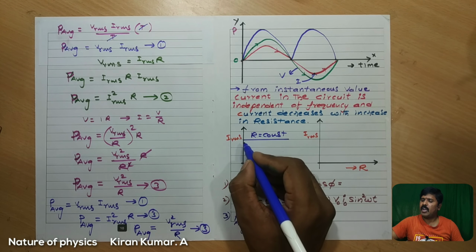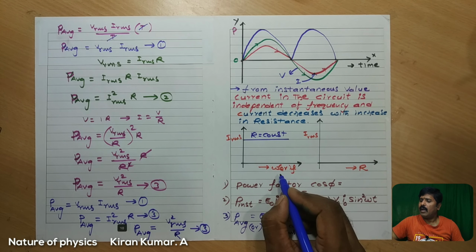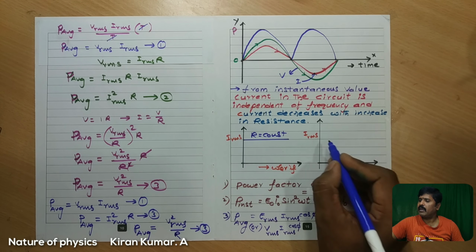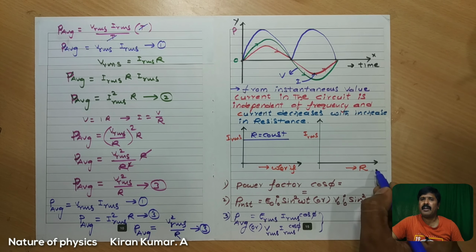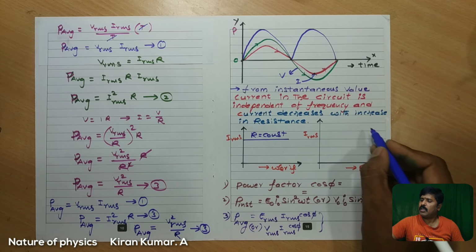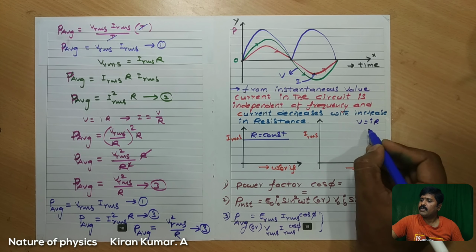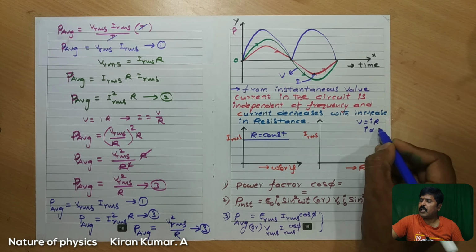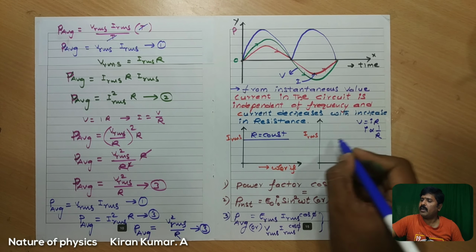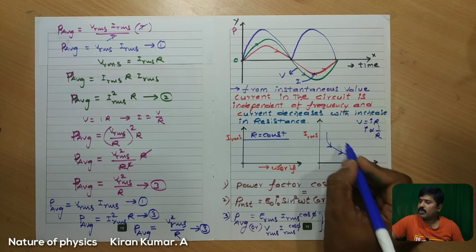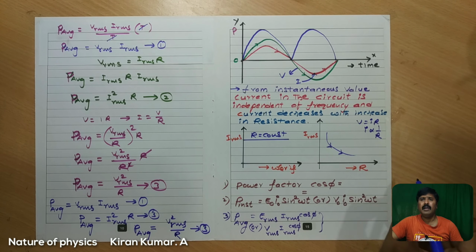Okay, this is the graph between the IRMS and frequency or angular velocity, student. Next graph is IRMS and resistance graph, student. So the basic formula is V is equal to IR, so that I is inversely proportional to R, student. So we will get the graph here, a hyperbola, student. So this is the graph we will get.